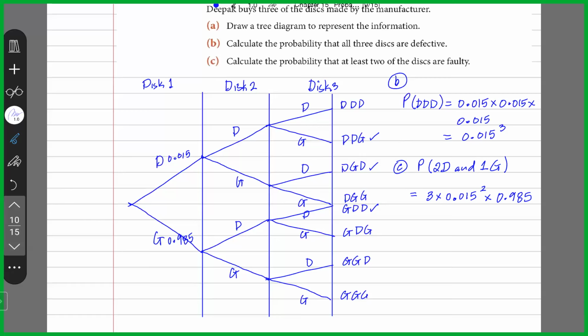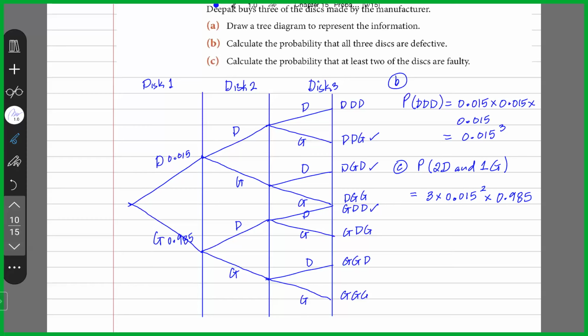Remember, each of them would be 0.015 squared. That is 2 defective, multiplied by 1 good, which is 0.985. But there are 3 of them. And the shortcut for adding the same thing 3 times is to just what? Multiply by 3.